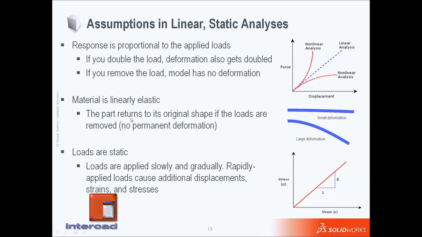Second is the material linearity, linear elastic material. The elastic material assumption means there is no plastic deformation and the part returns to its original shape if the load is removed. Simply, if you apply a load, for example, bend a plastic part, and it gets back, then we are in a linear region.